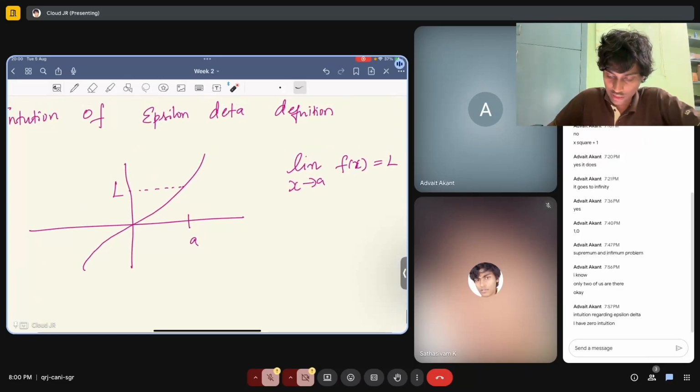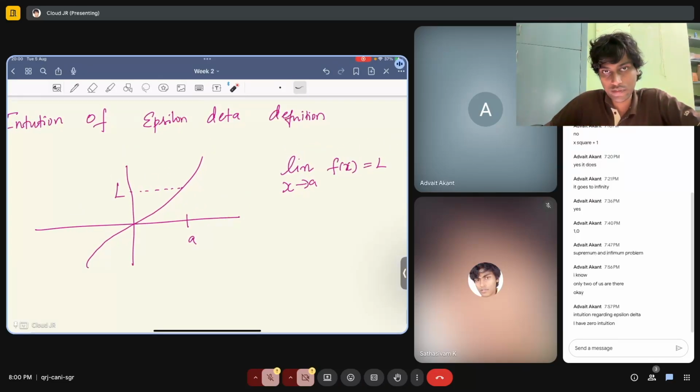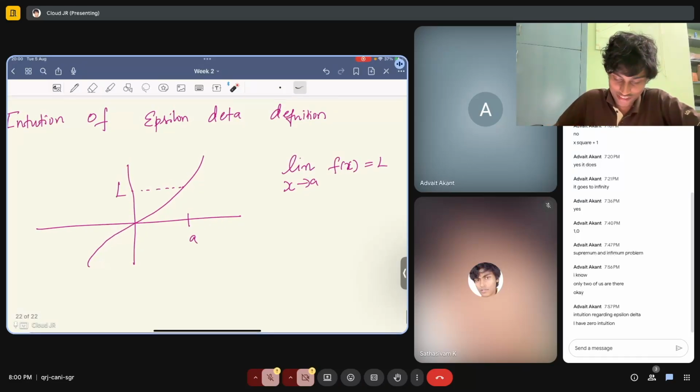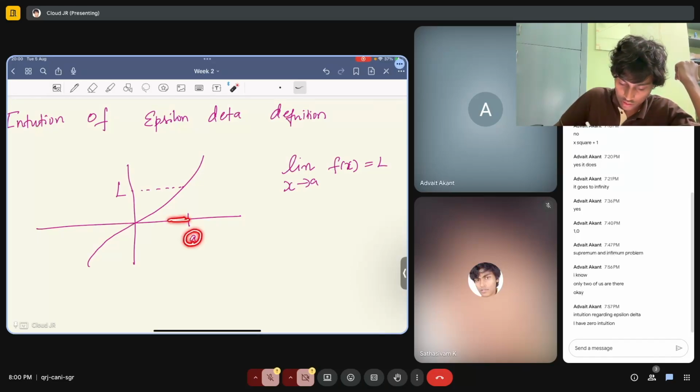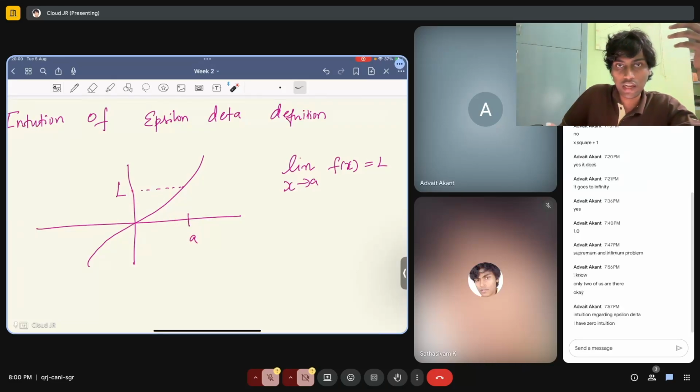Now the question is, how do I prove it? Rigorously, let's try to see it. Here what I'm telling is, as x goes closer and closer to A, this f of x goes closer and closer to L, right? That's the intuition behind the limit.